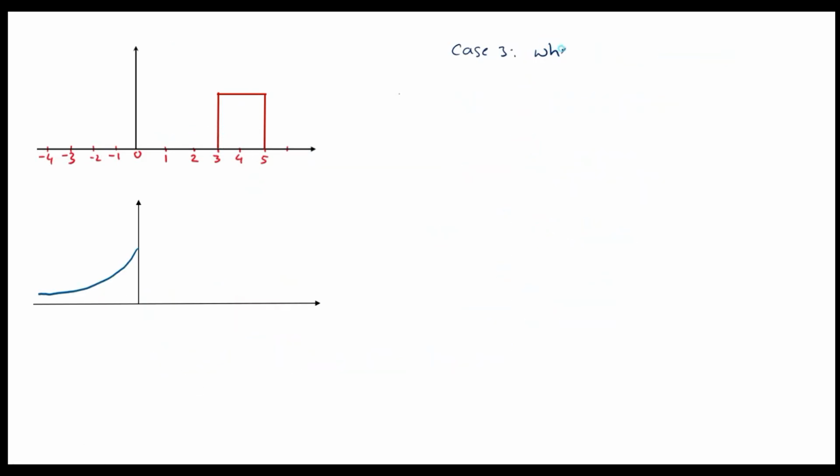Now the case when t is greater than or equal to 5. Here we know that this is the x of tau signal and this is the h of t minus tau signal, which is nothing but e power minus 3 times t minus tau, and we know that this is the t point.